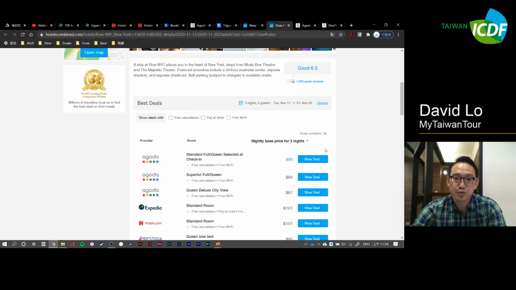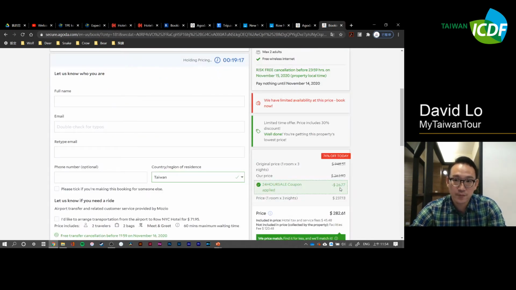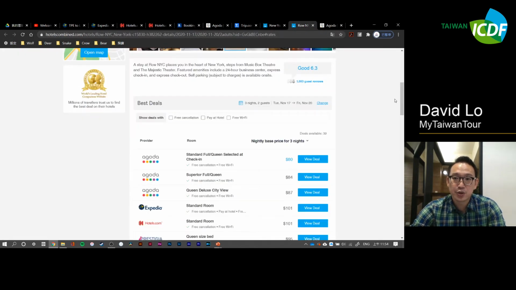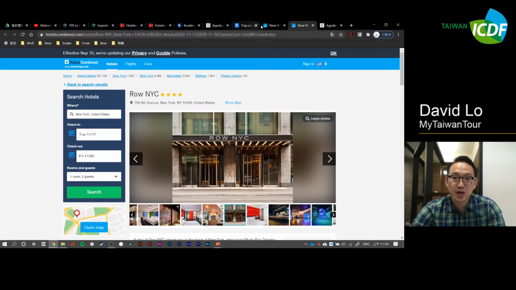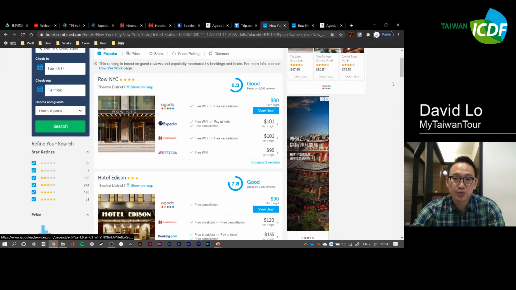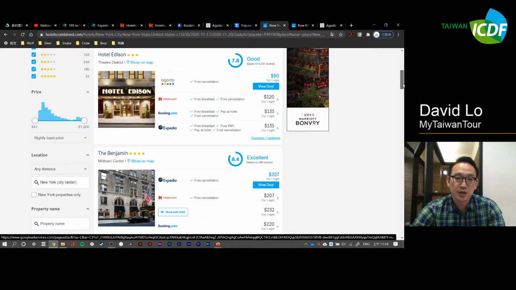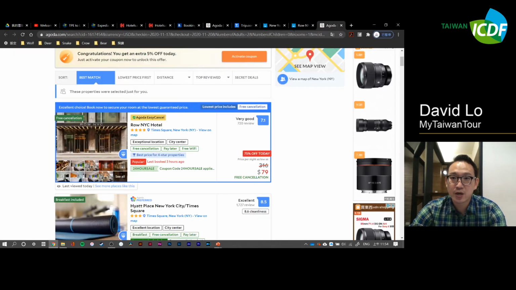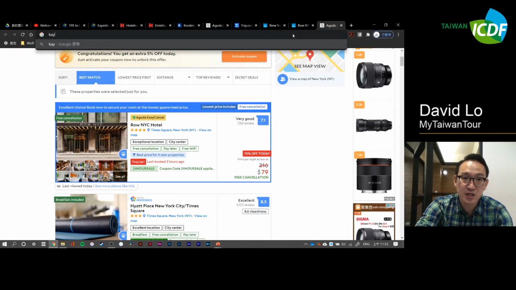But still, you need to finalize by checking how much they are charging. But this is an easier way for you to find the hotels that you want, and you can compare all the prices here at once. So this is how Metasearch works, as well as Kayak for the flight tickets.